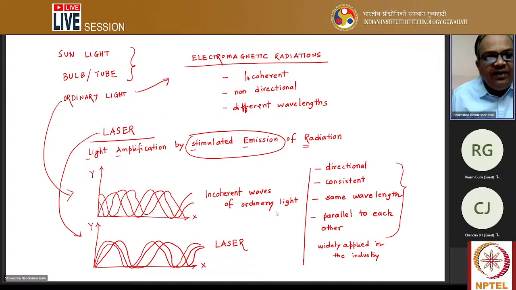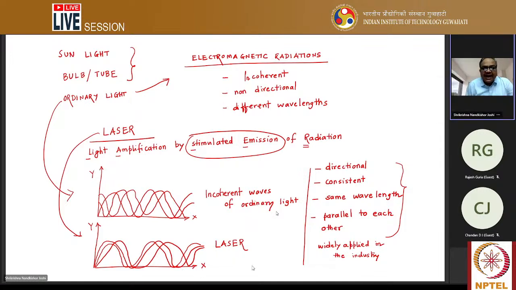Then we have seen the meaning of laser, which most of you know. Again, we have brushed up our fundamentals about the laser. Its basic characteristics such as incoherency, non-directionality, and different wavelengths, which are the problems associated or which are the characteristics of in general the light radiations, and that incoherency, non-directionality, and having the different wavelengths have been changed to coherency, directionality, and having same wavelength to get an intense beam of thermal energy in terms of the laser.